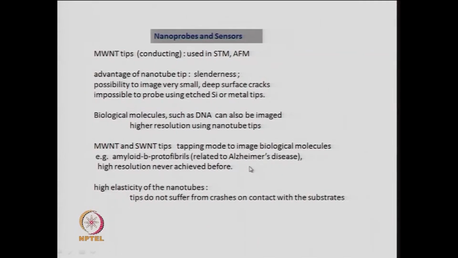This is an old age disease when a person starts losing his or her memory, then you have Alzheimer's disease, and then you have these amyloid B protofibrils, and this was studied using multi-walled and single walled nanotube tips, and it was used in the tapping mode, that is a particular type of methodology to study the AFM images, where the tip is moving back and forth on the surface of the molecule. So, it touches the surface and comes back and then again touches the surface.